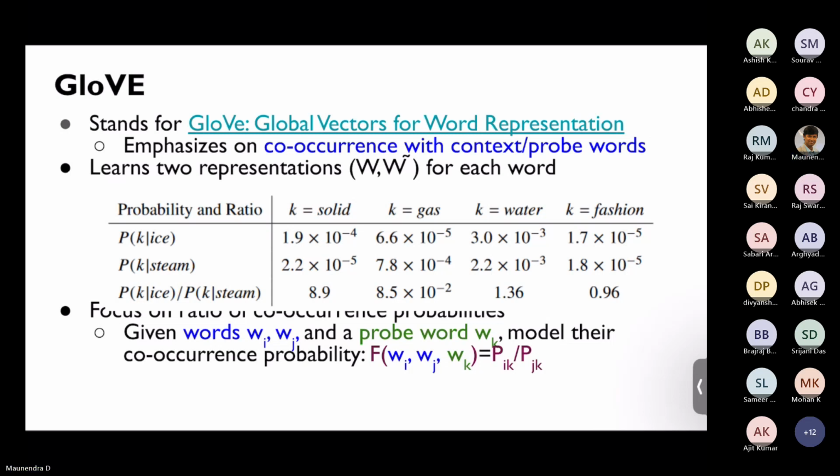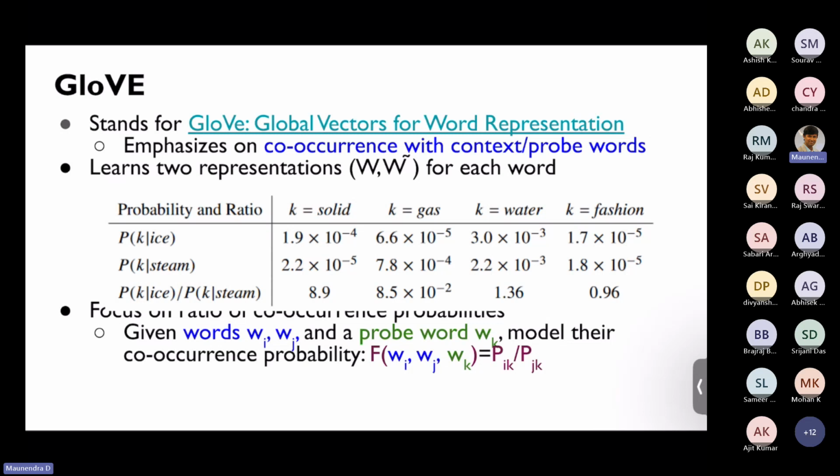Ice and solid will occur together maybe many times. Ice and water maybe also will occur together many times. But ice and gas, and ice and fashion, are not likely to co-occur many times. So if we know that ice and water co-occur many times, and at the same time steam and water also co-occur many times, then water is a word that binds together ice and steam.